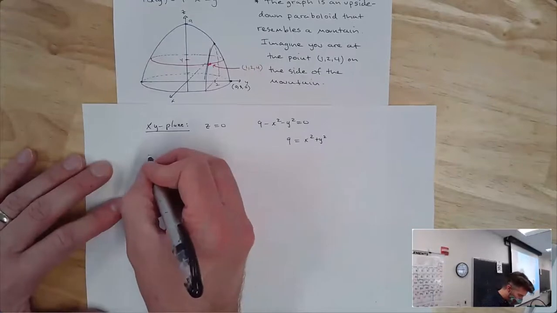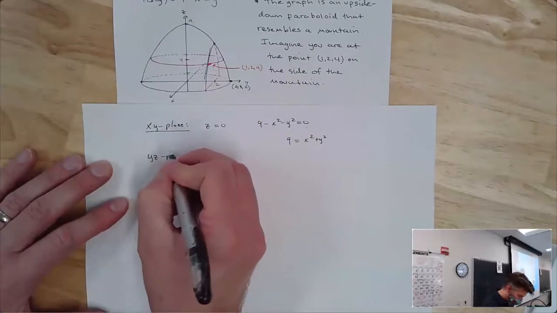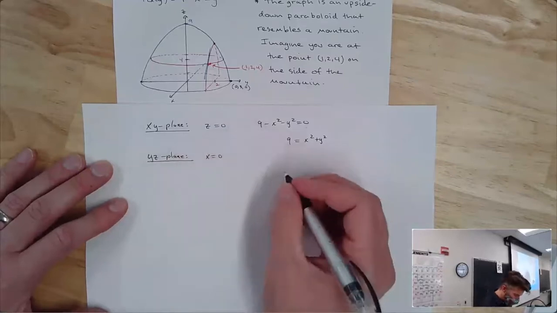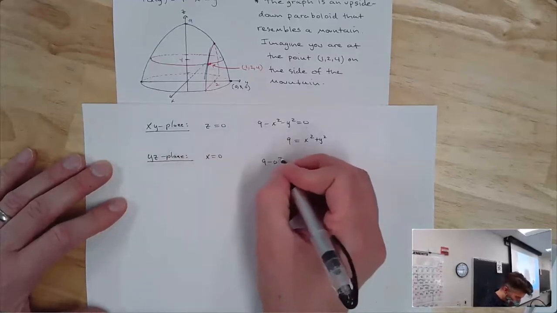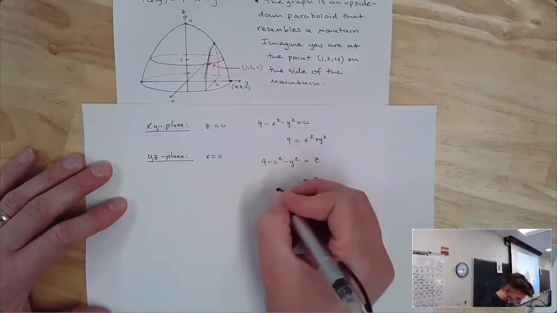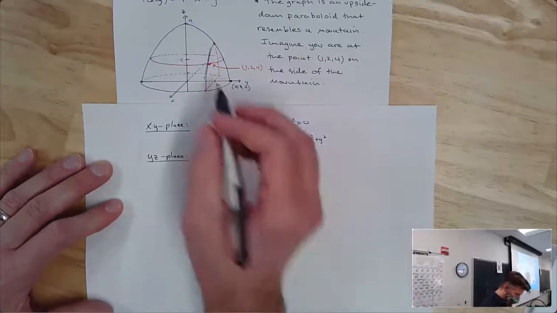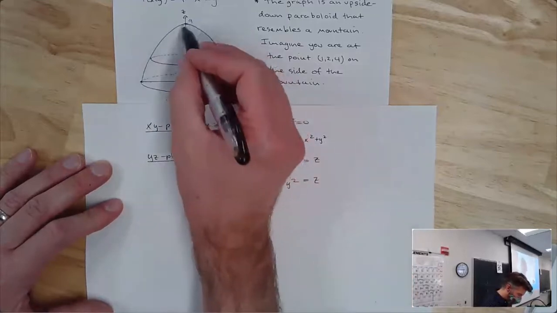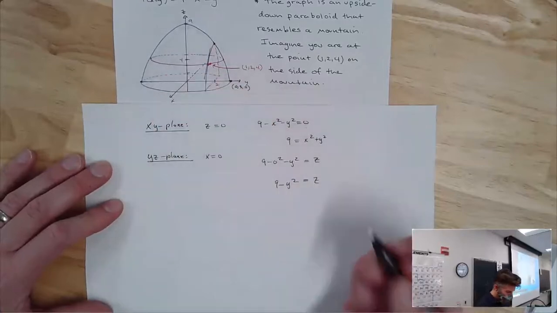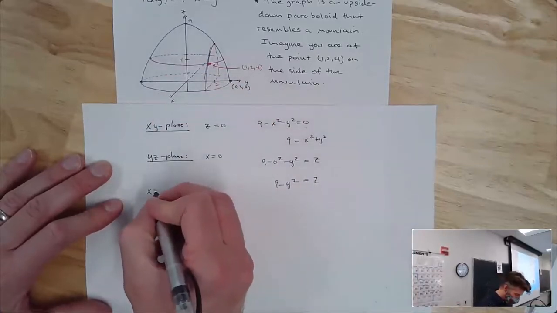In the yz plane, where x is equal to 0, we get 9 minus 0 squared minus y squared equal to z. So z is equal to 9 minus y squared. We get this downward opening parabola with intercepts at 3 and -3 and a z-intercept at 9. And the same thing in the xz plane.